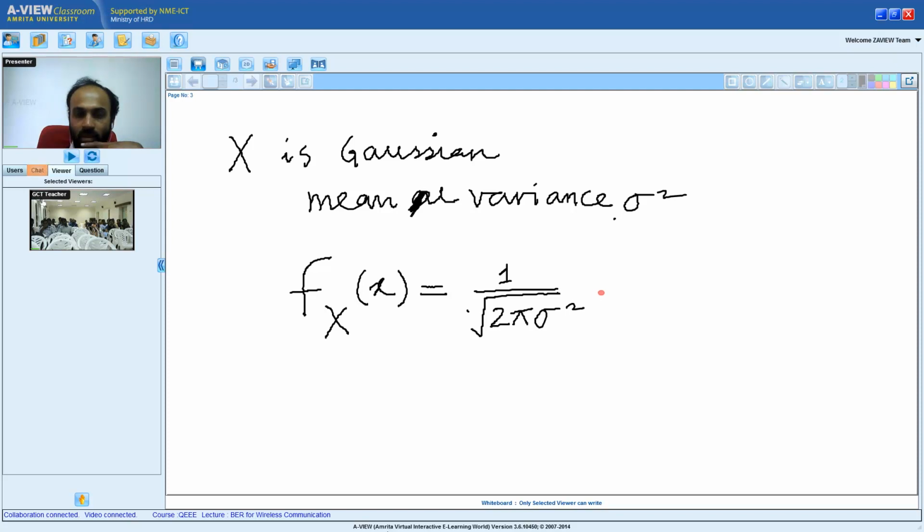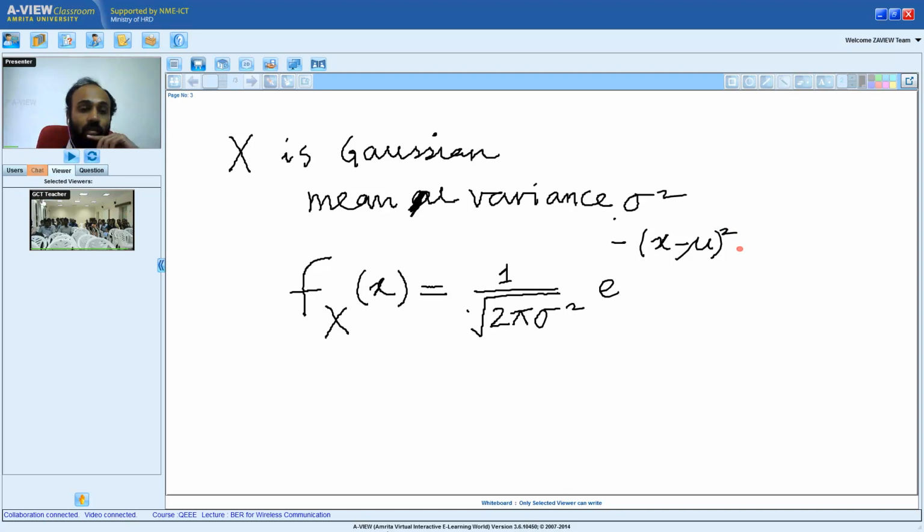Then e power minus (x minus mu) the whole square, divided by 2 sigma square.